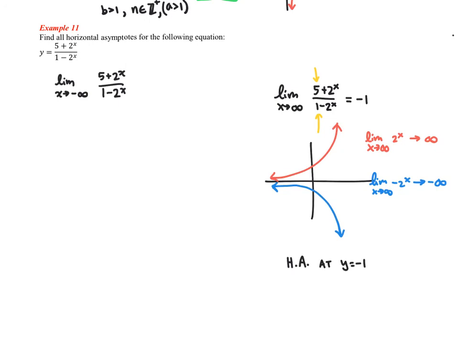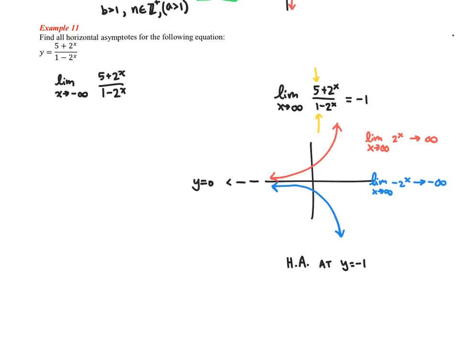Okay, let's look at the other end of the function, the end behavior over here on the left. Now I'm going to consult this graph yet again, and I'm going to take the limit as x approaches negative infinity of just 2 to the x. If I look at the graph of 2 to the x on the left side, you'll notice that we've got a horizontal asymptote at y equals 0.